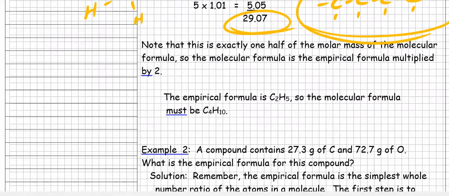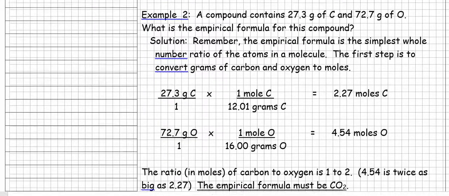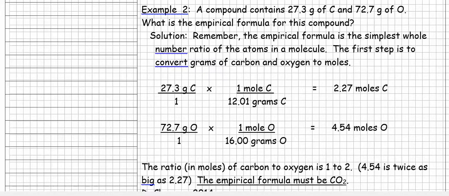All right. So we looked at that example, and then we talked a little bit about this compound that had carbon and oxygen, and the empirical formula was what we were looking for. They gave us these values in grams. Remember, when we write a compound, say for example, I'm just making this up, if I say CO2, that's a mole to mole relationship, right?